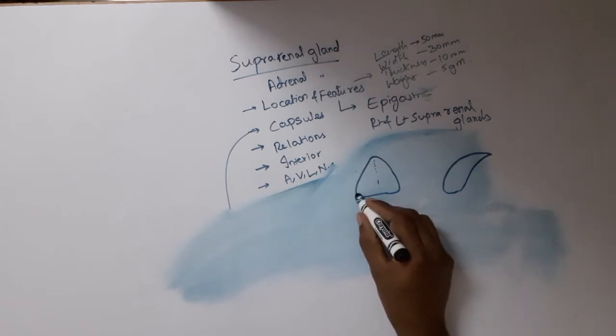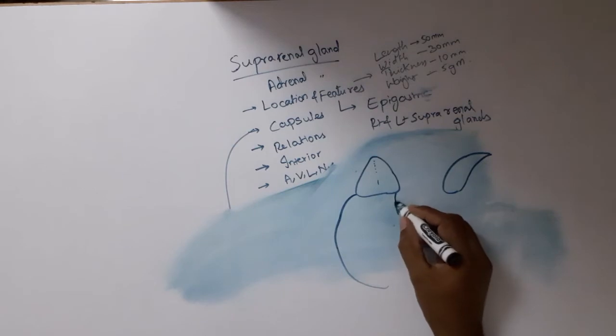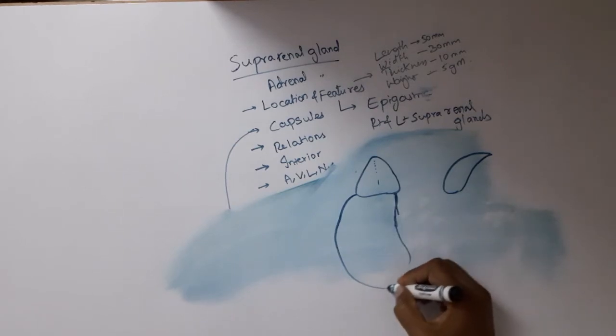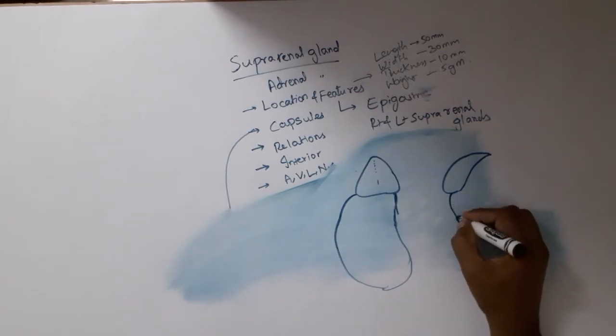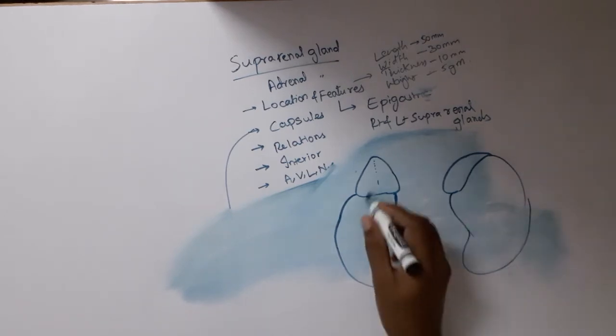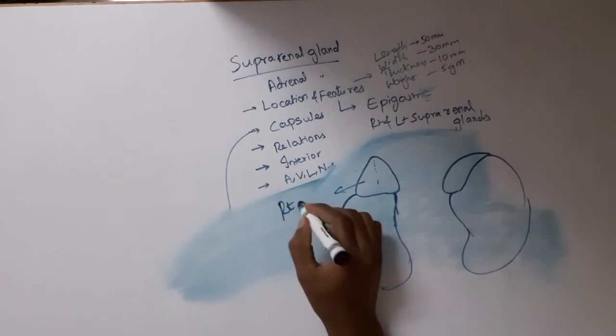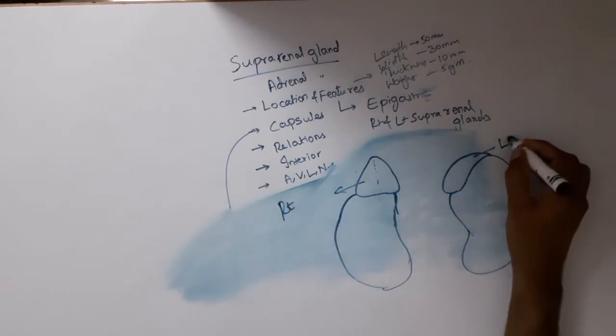These are related with the apical part of the right and the left kidneys. Here you are seeing this is the right, this is the left suprarenal gland.